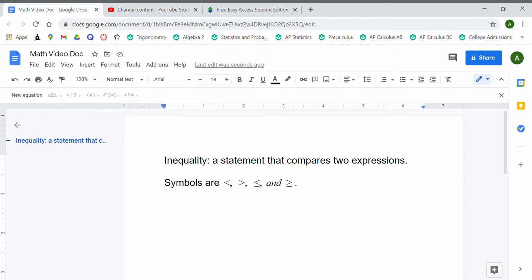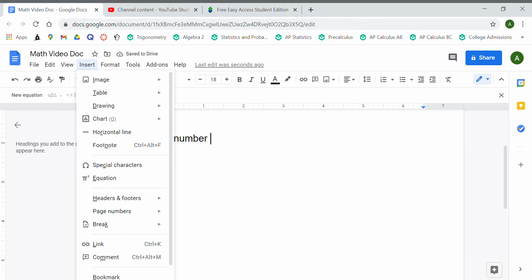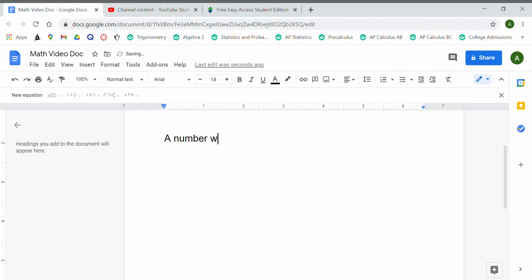So let me show you how it works. Let's say I give you a sentence like this: a number W, where W is fewer than 4.